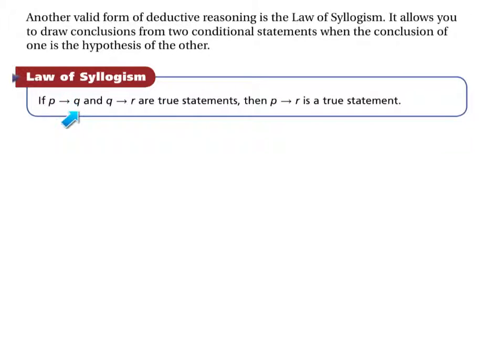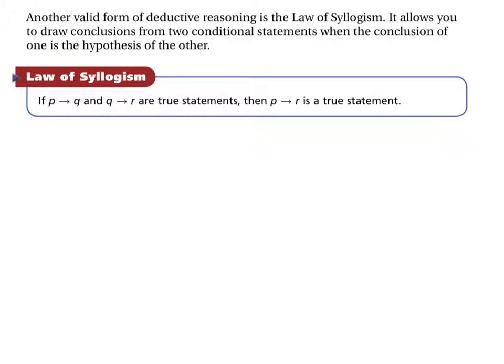Notice that the conclusion of the first one and the hypothesis of the second one are the same thing. So because the hypothesis matches the conclusion, we can say if P then R.